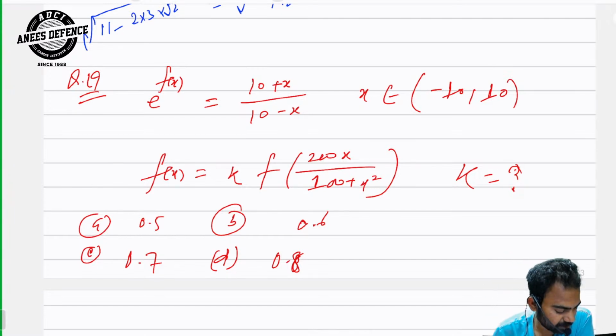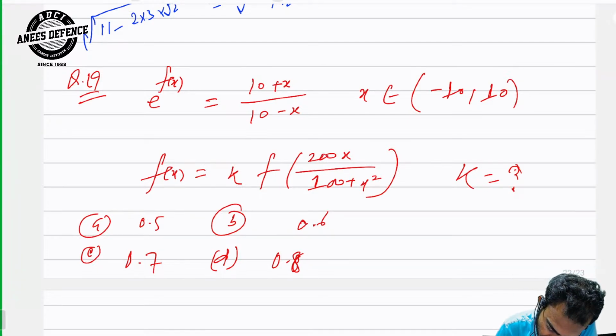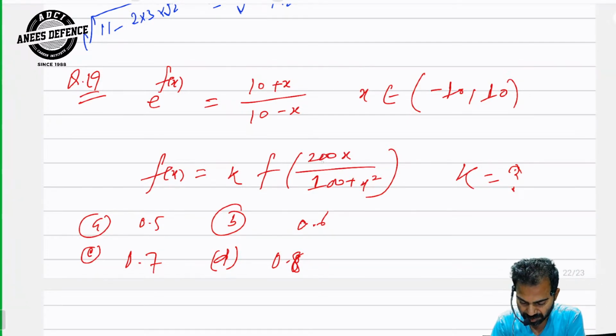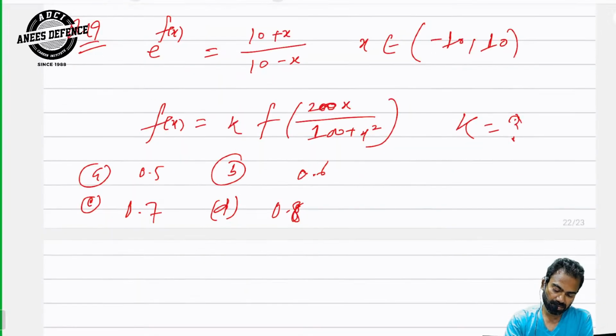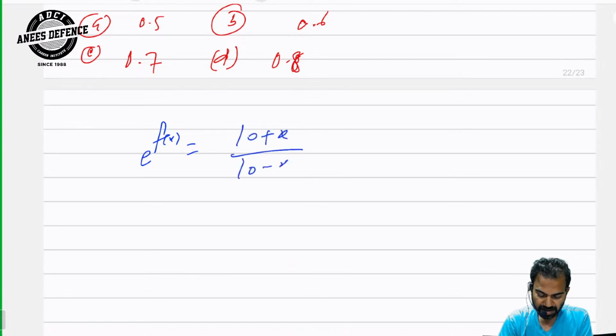200x upon 100 plus x square, this is 200. Okay, right? Any problem? We have e to the power f of x equal to 10 plus x upon 10 minus x. Taking log both sides in the base e, okay?